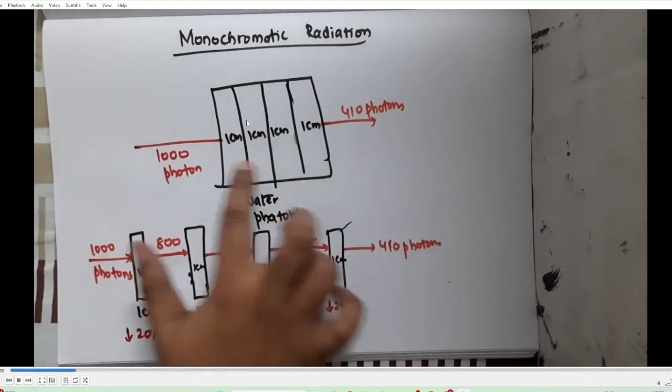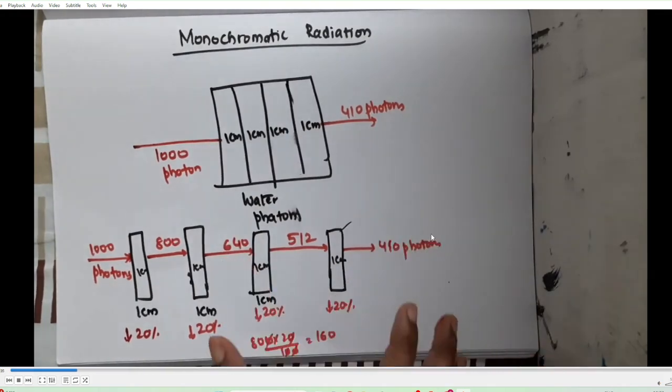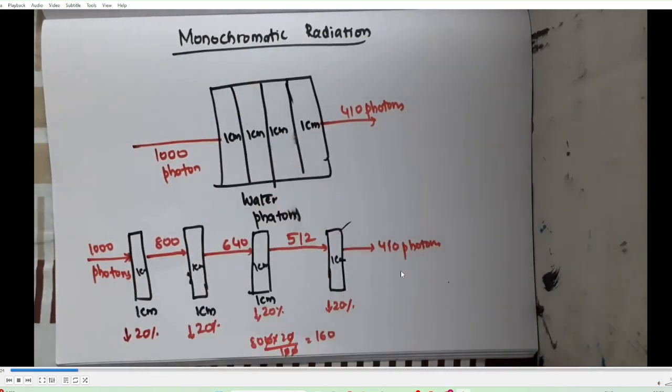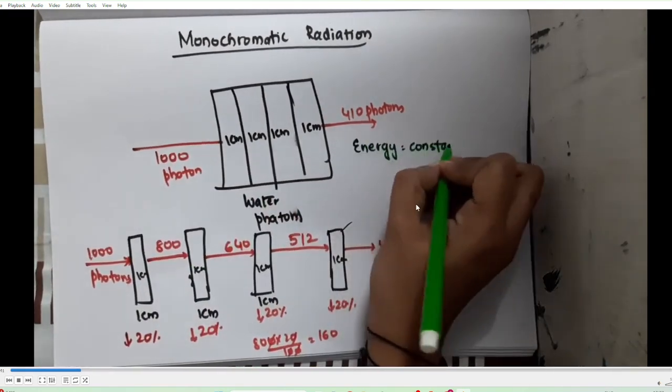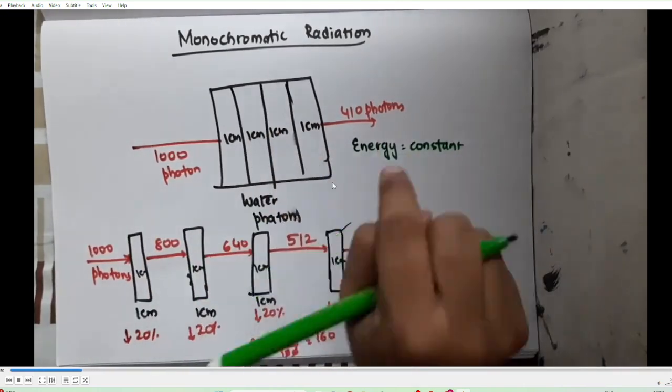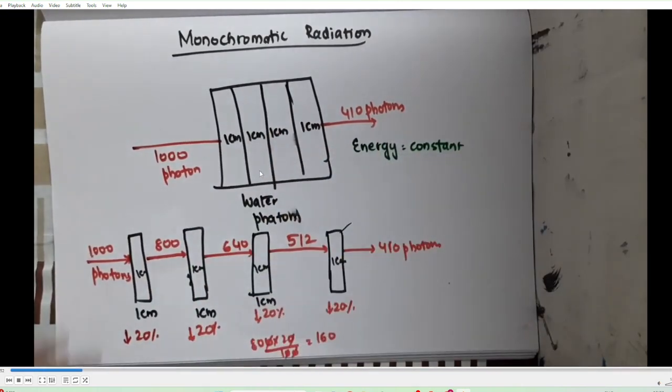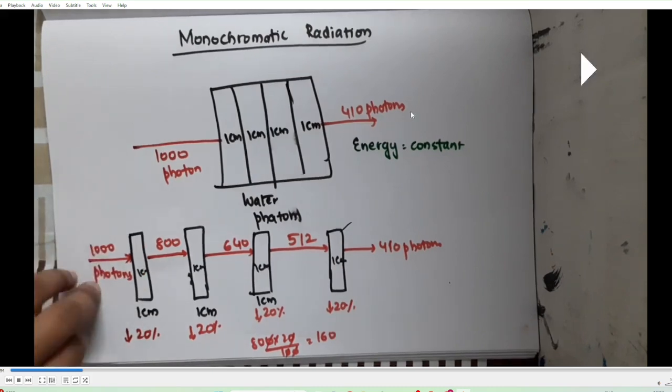Thus, the quality of monochromatic radiation does not change as the X-rays pass through the absorber. Here, the energy of the photon is constant. So if we begin our discussion with a group of photons with energy of 60 kilo electron volts, then the transmitted photons will have the same energy, but the number of photons is decreased.